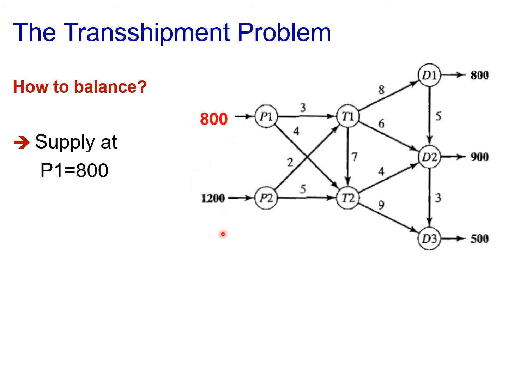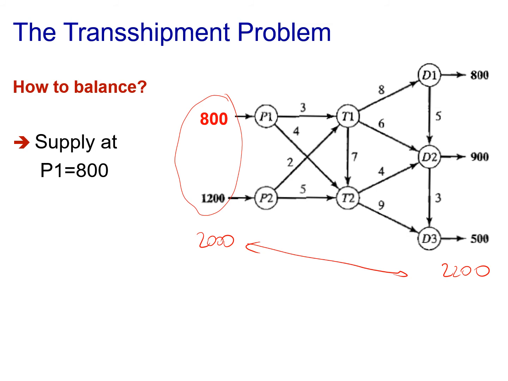How do we balance it? Again, remember from the transportation problem, we balance it by adding dummy supply points or dummy demand points. Now, how do we do this? Look, total supply is 2000 and total demand is 2200. So it is not balanced and there is a lack of 200 units of supply.